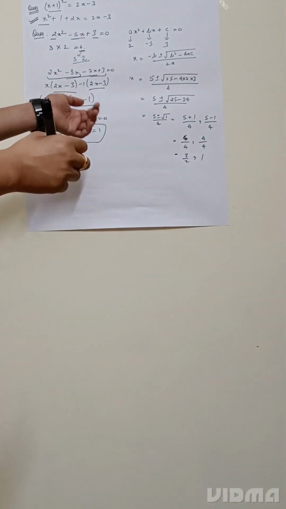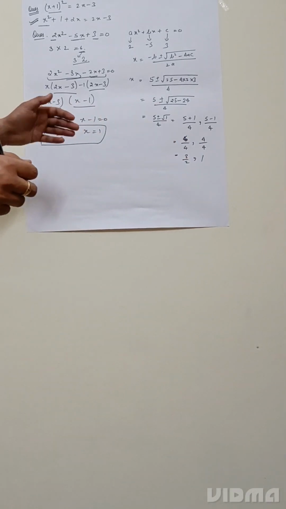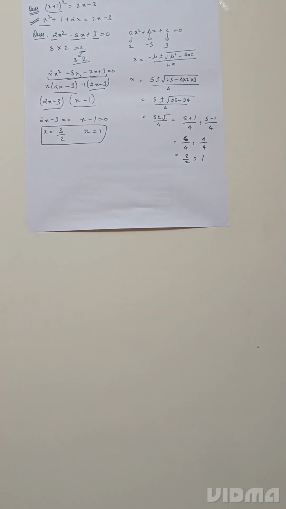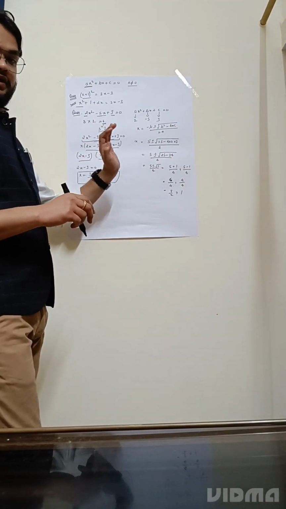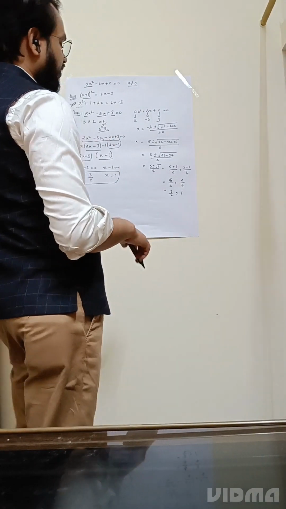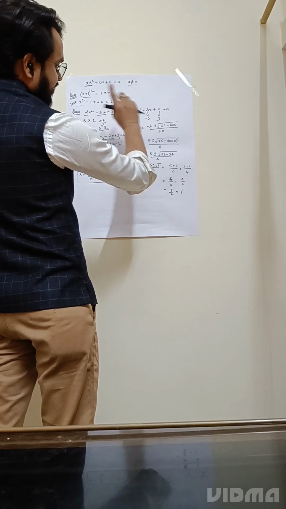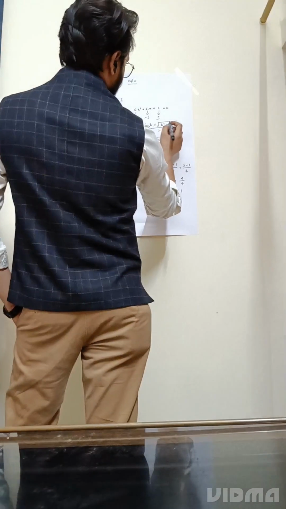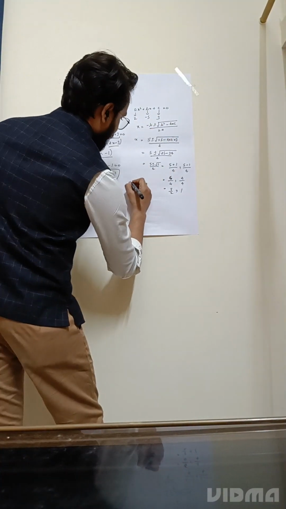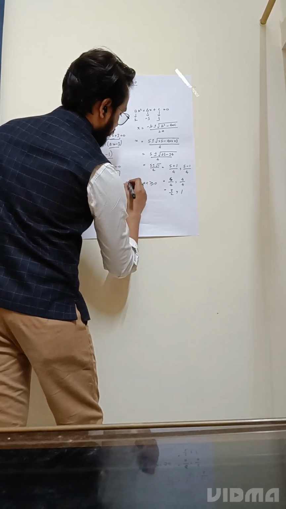Now we have roots 3 upon 2 comma 1, likewise we found through the other method. We have to take one thing into consideration, that b square minus 4ac is under root. So we have to make sure that b square minus 4ac is greater than or equal to 0.